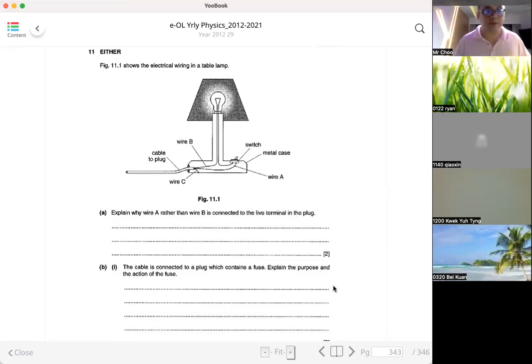So everybody now explain why wire A rather than wire B is connected to the live. Okay, so quite simple, right? Why is wire A connected to the live?